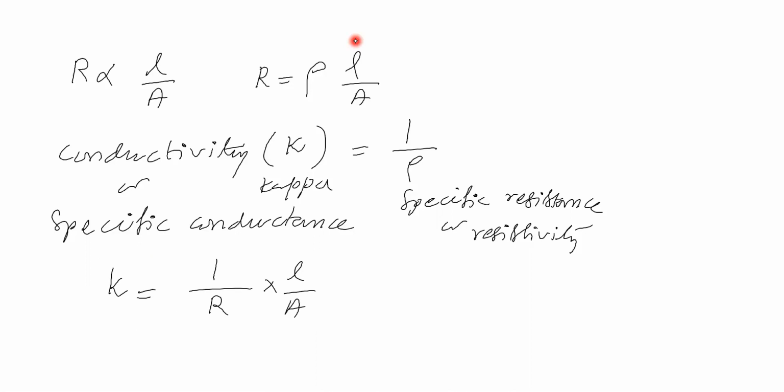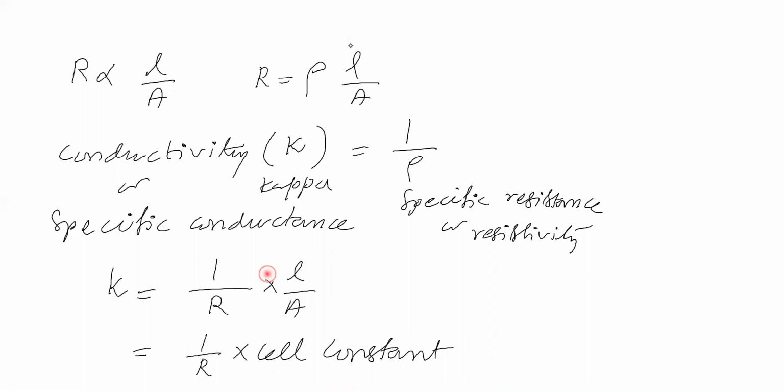For electrolytic solutions, this L by A is called cell constant.